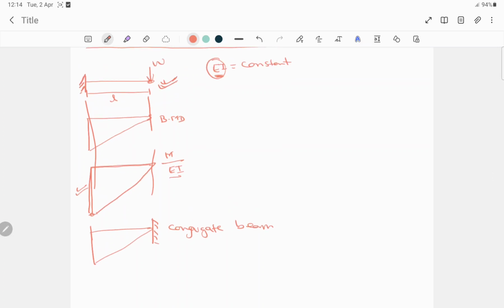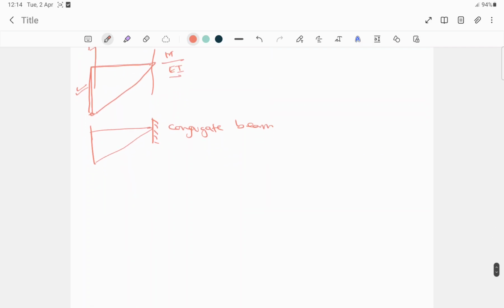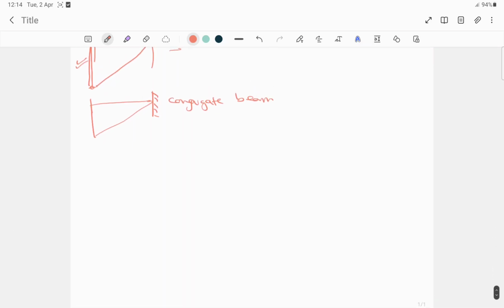Now I'll write some of the important points which we need to remember in case of the conjugate beam. Okay, so now I'll write like this: important points to remember.